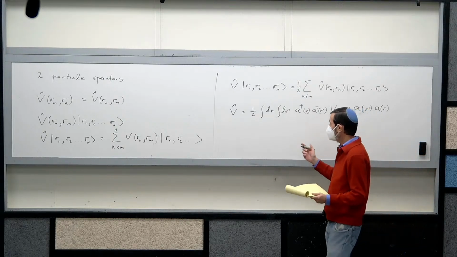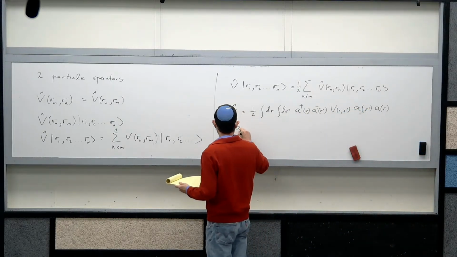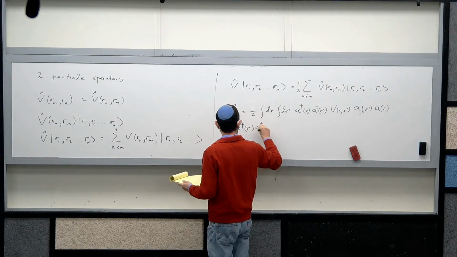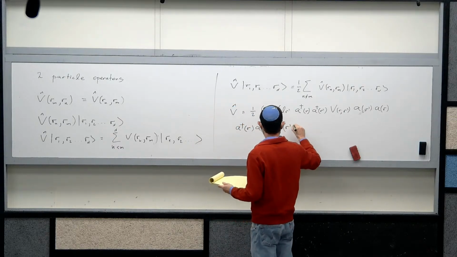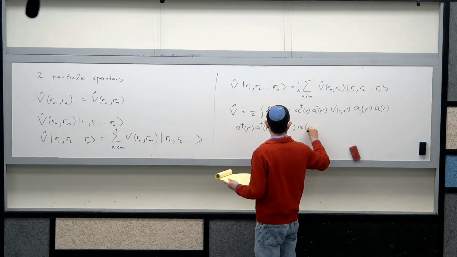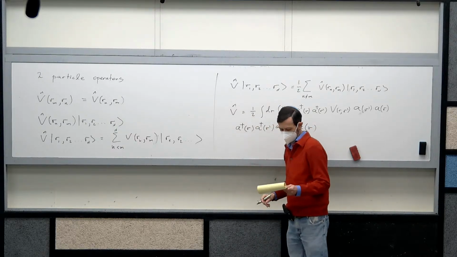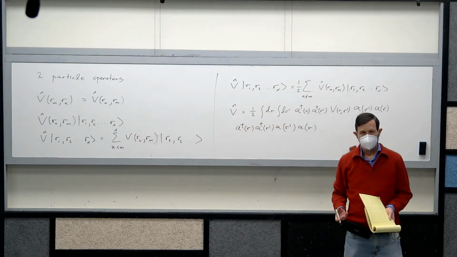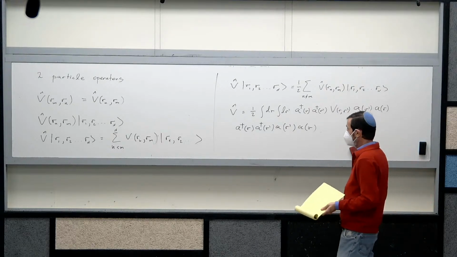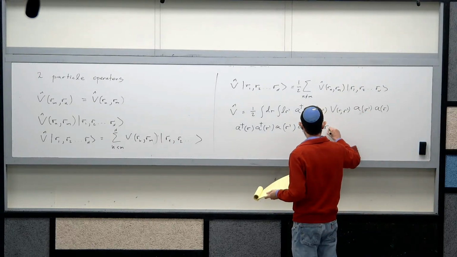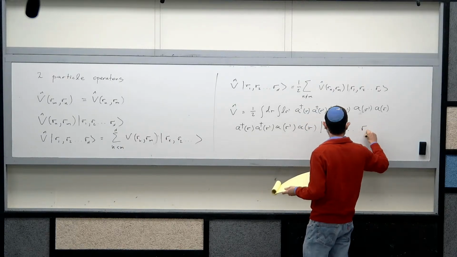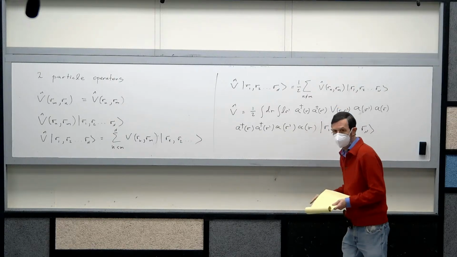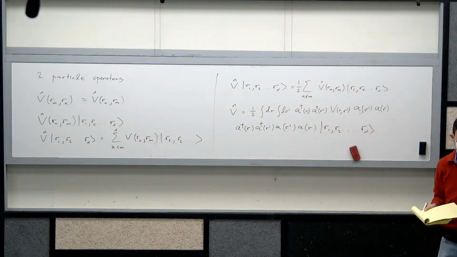I'll just look at the kernel of this operator, which is A of r prime. And I want to see what it does to some specific state where the particles are at R1, R2, and so forth up to Rn.